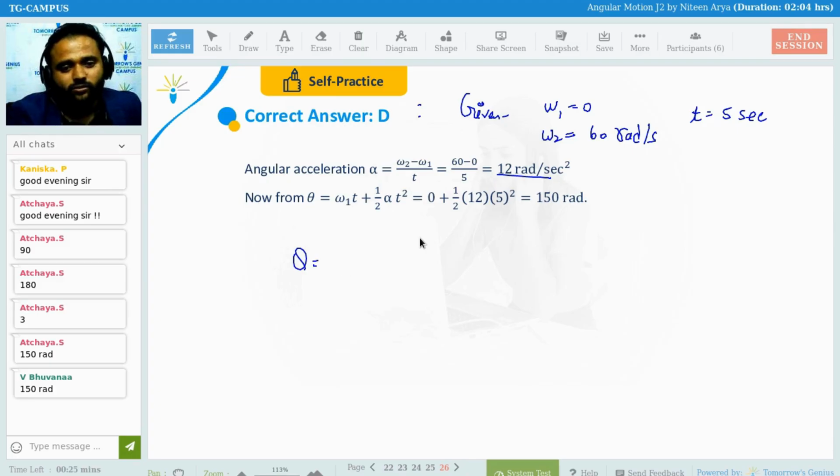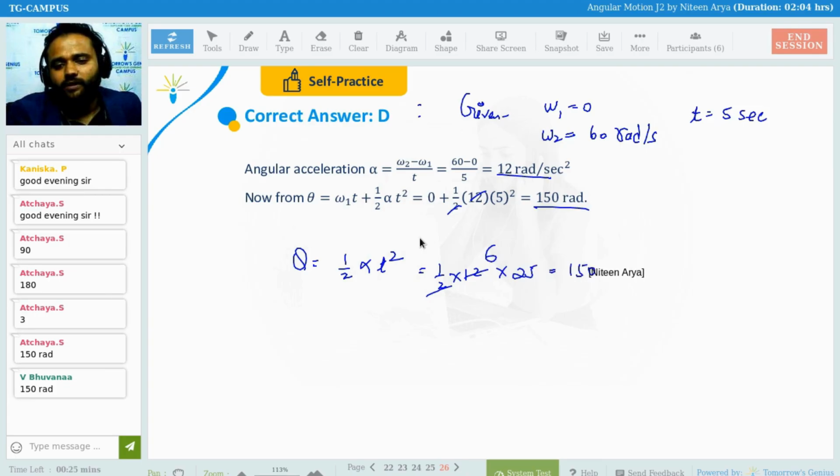Omega 1 is already 0, so theta is nothing but half alpha t square. We know alpha, we know t. Multiplying everything, that is 25 into 6, that is 150. Clear? This 6 means 1 by 2 into 12, and 5 into 5 is 25. So that is 6 into 25, 150. Is this clear, everyone? So the correct answer is D.